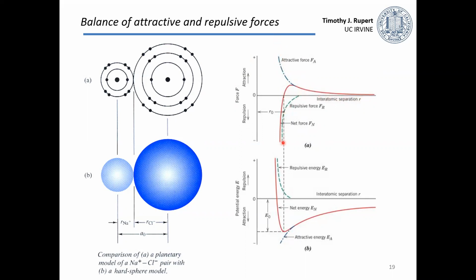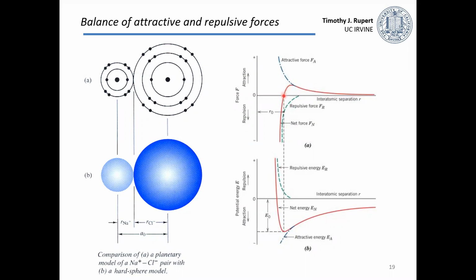But there's also some repulsive force from the nuclei of the atoms as well. If we add these up together, we get this red curve. This is the total force that those atoms would feel. What we can see is that when they're far away from each other, there's not much force. As you start to bring them together, they'll start to feel some force trying to bring them closer and closer together.